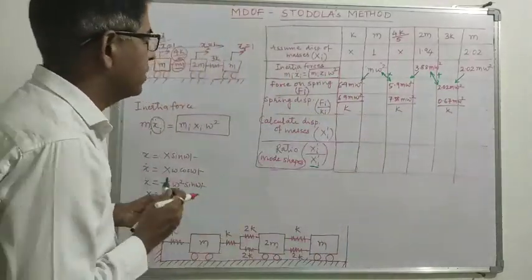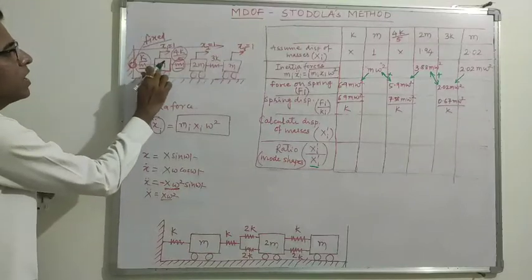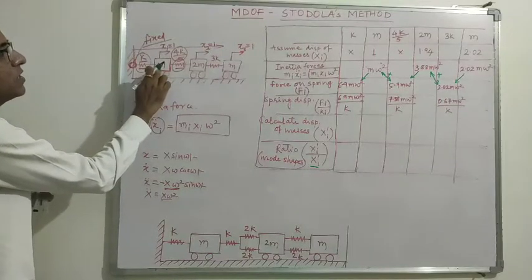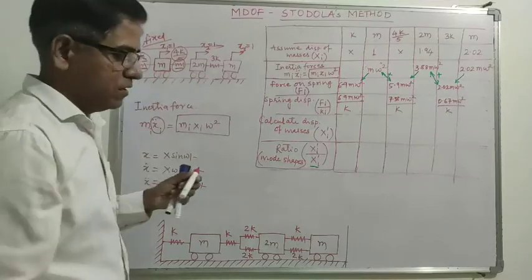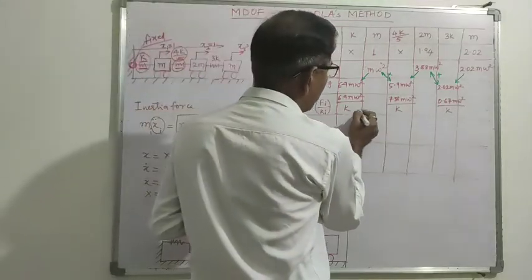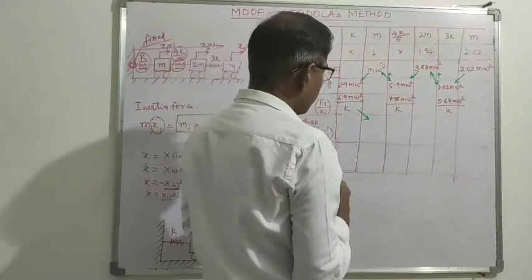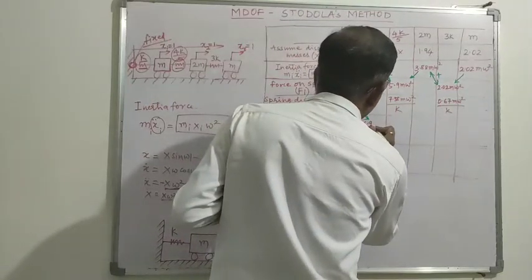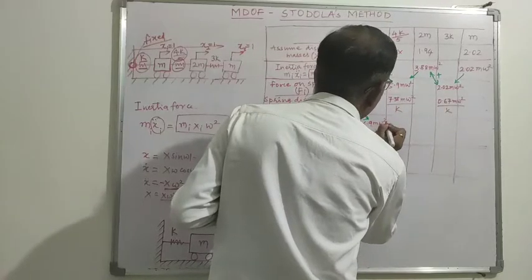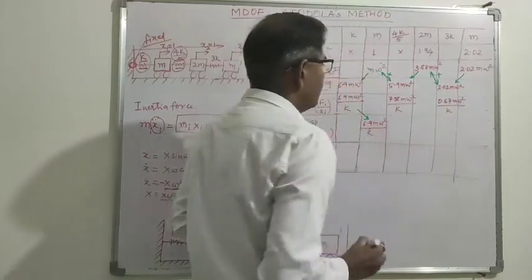Now we know that the first mass will experience a displacement equal to the displacement of the first spring. So this value will be as it is over here. So this is 6.9 m omega square by k.